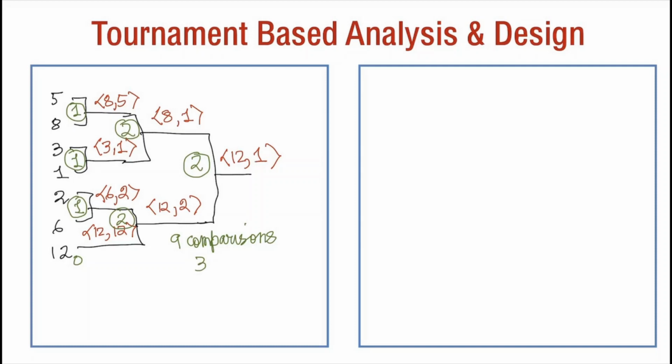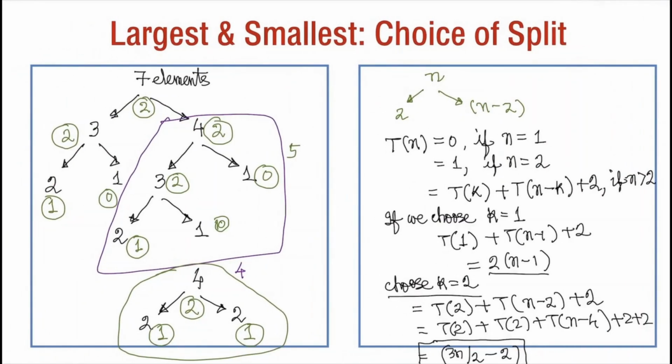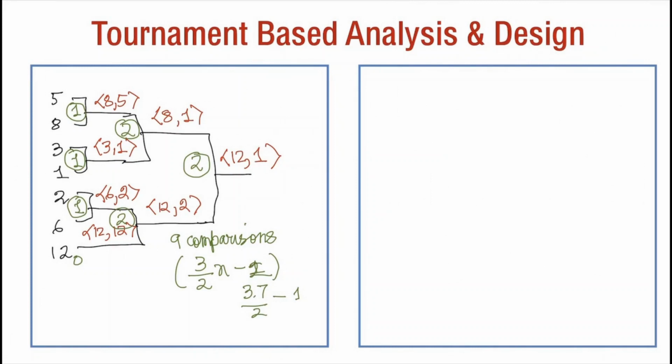Which is the same as 3n by 2 minus 2, taking the integral value of this, because there are 7 elements. So 3 into 7 by 2 minus 2. So this would yield 11 minus 2, which would be 9.